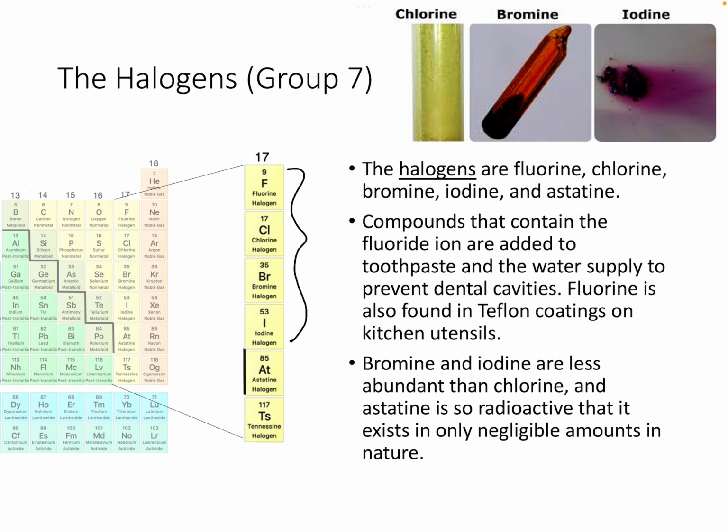Now up above you can see some pictures of chlorine, bromine, and iodine. So chlorine is a yellowish green gas. Remember, it gets its name from the Greek word chloros, which means yellow-green. Bromine is actually a liquid, and iodine is a purple solid.